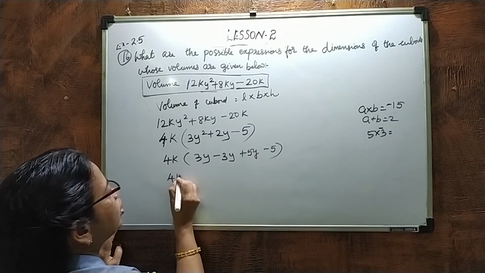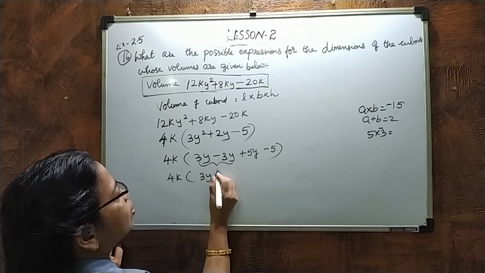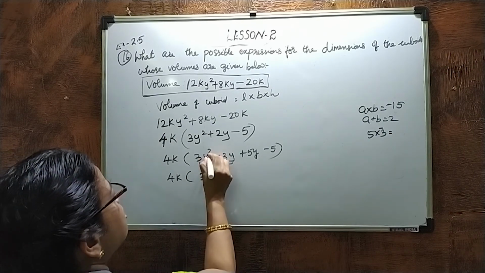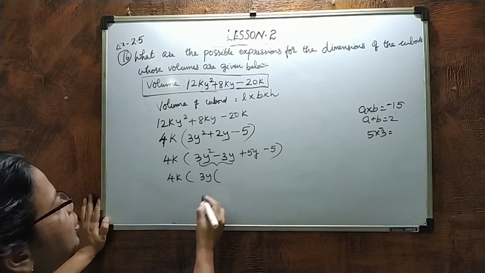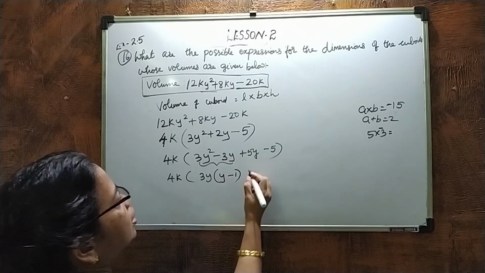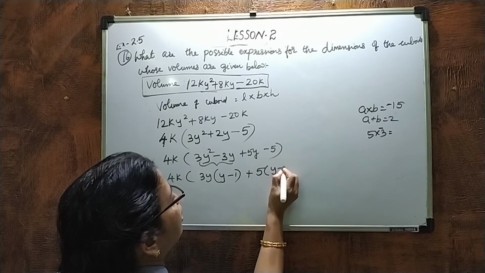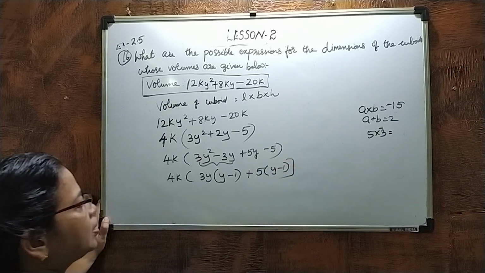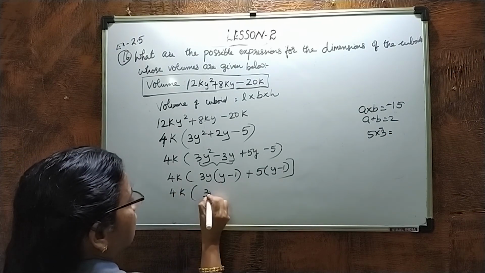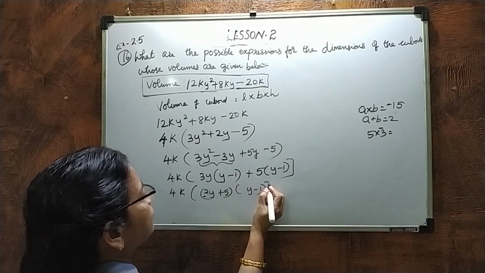So it will be 4k into, taking 3y outside, y minus 1, plus 5 taking outside, y minus 1. So here it will be 4k, balance it will be 3y plus 5 and y minus 1.